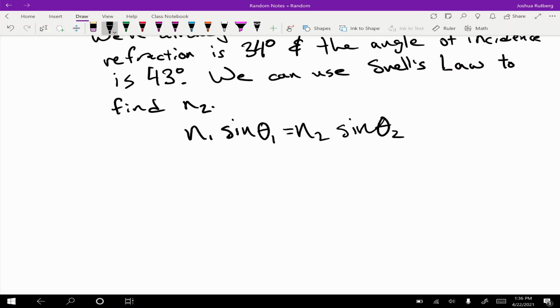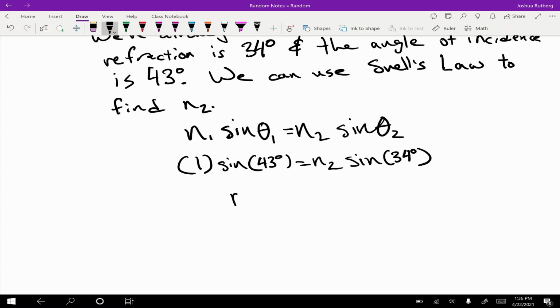n1, because it is air, is 1, times sine of 43 degrees is equal to n2 times the sine of 34 degrees. So n2 is sine of 43 degrees divided by the sine of 34 degrees.